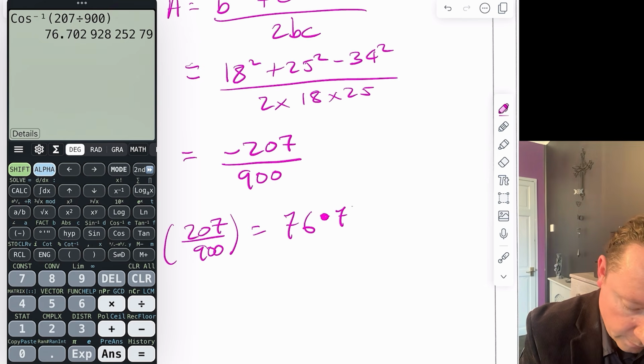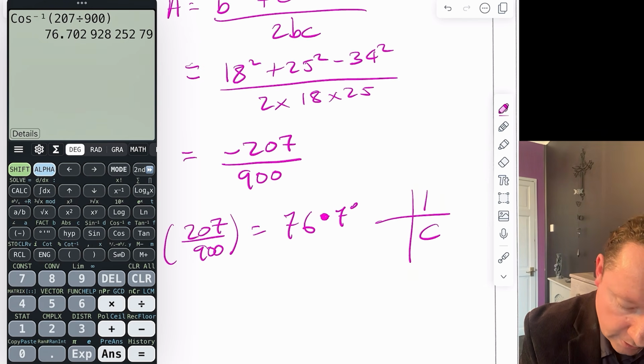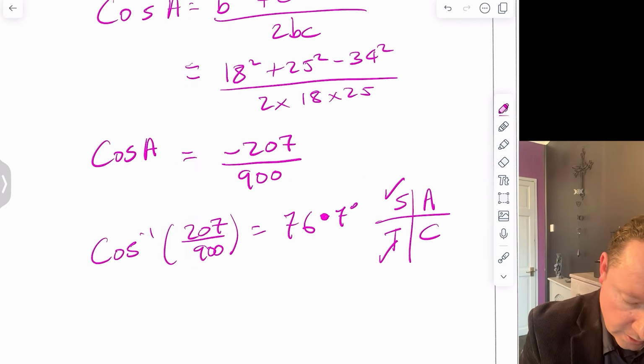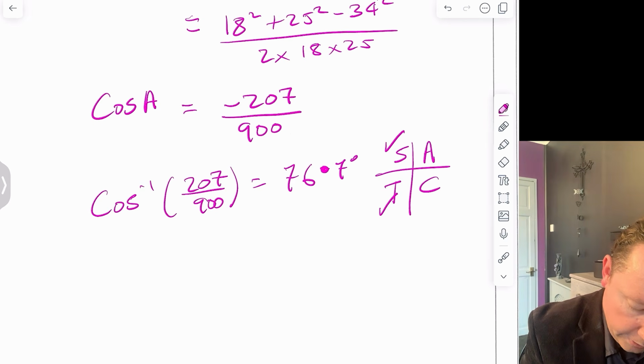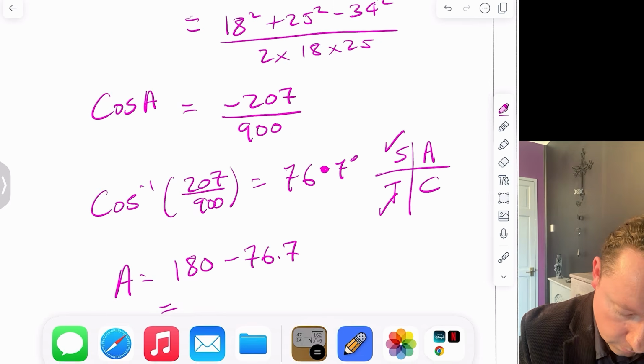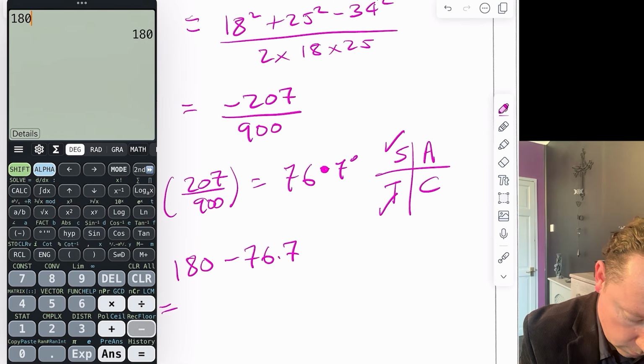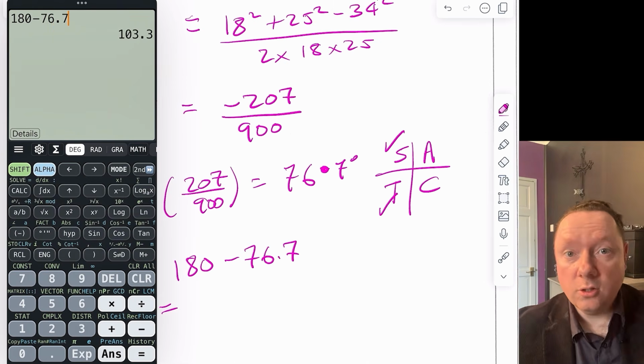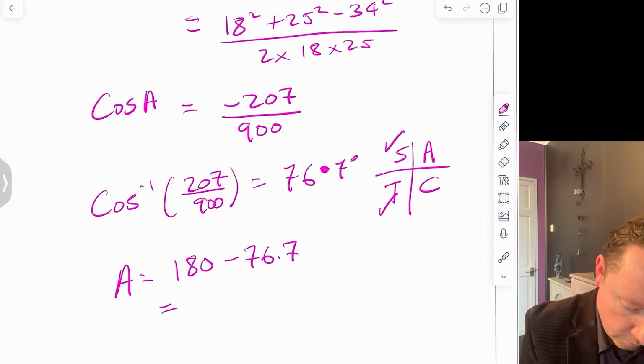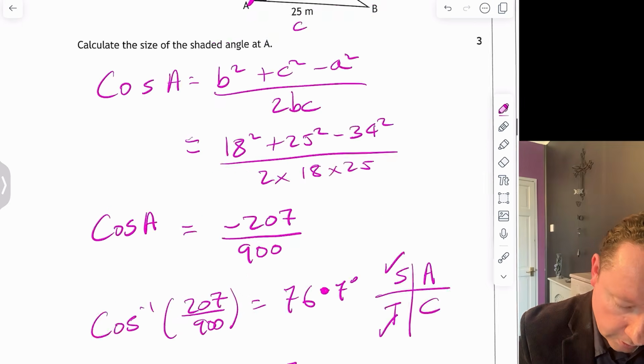So now I need to find my angle by using a CAST. Cos is negative, so it's not A and C, it's S and T. So that means my answer for A is 180 minus 76.7, which is 103.3. So we get 103.3 degrees, and we're done there.